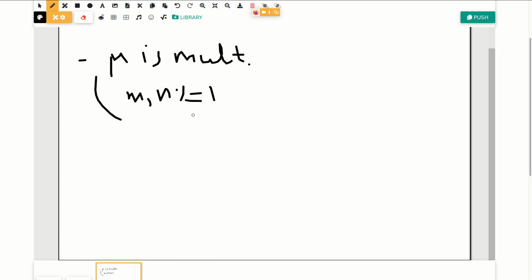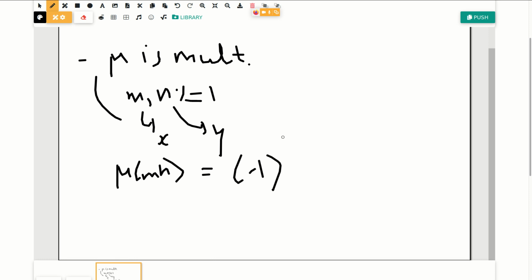Otherwise, both m and n have primes dividing them only one time, and since the GCD of these two numbers is equal to 1, they do not share any primes. So if this has, say, x primes and this has y primes, the value of mu of mn would come out to be minus 1 to the power x plus y, since x plus y primes would be dividing it. So yeah, mu is multiplicative.